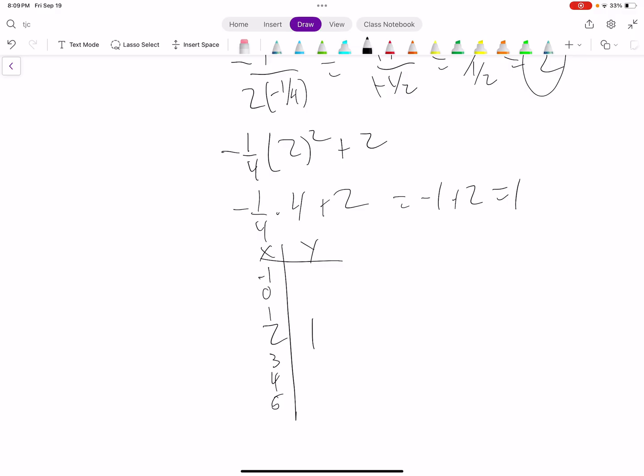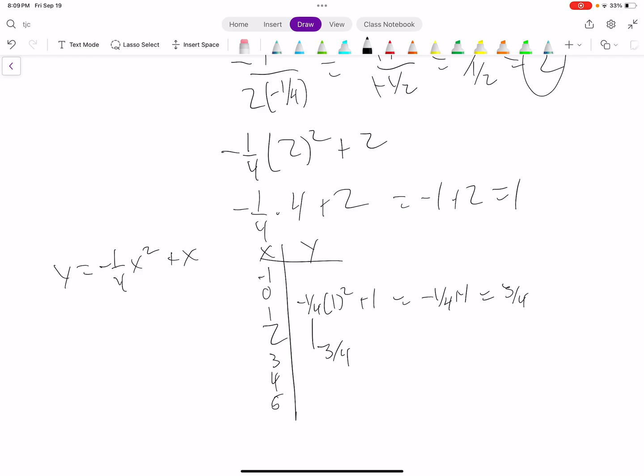Remember our function is y equals -1/4 x squared plus x. So I plug 1 in and get -1/4 times 1 squared plus 1, which is -1/4 plus 1, which is 3/4. Now this is a parabola, so parabolas repeat, so that makes this a 3/4 as well.